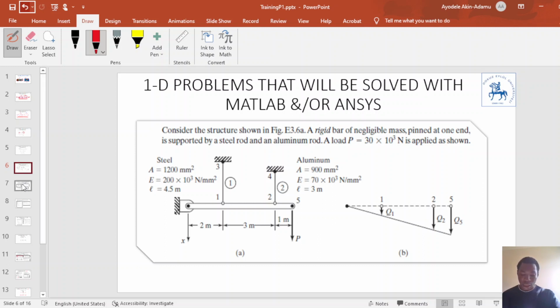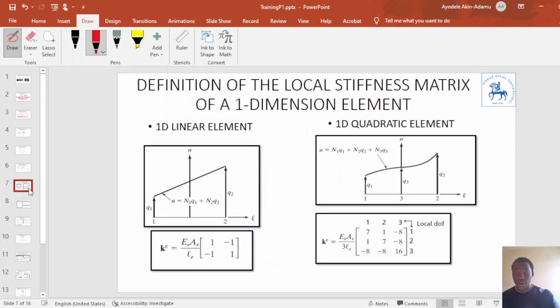Next, I'm going to give a brief introduction of the theories of 1D finite element procedure. I'm not going to go into too much detail. I'm only going to show you some of the necessary formulas you need to memorize in solving one-dimensional problems using the finite element procedure.